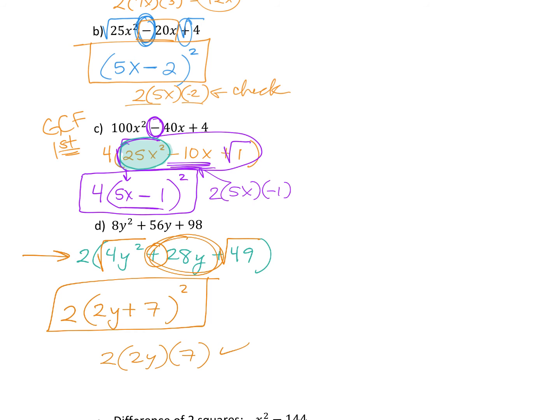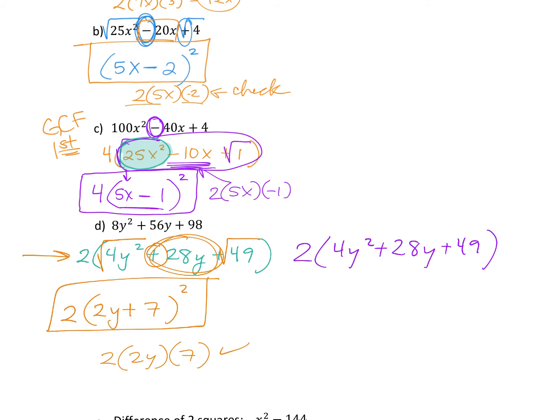Hopefully, yes. You're confused? Yeah, like, what are you doing? Right? You're going to square root your first value and your last value. So we started with this, right? 2 times 4y squared plus 28y plus 49.